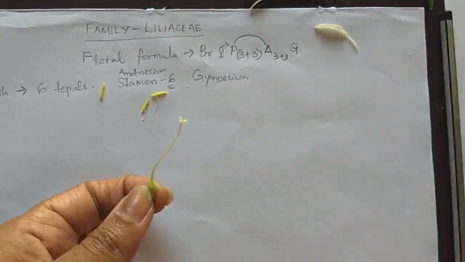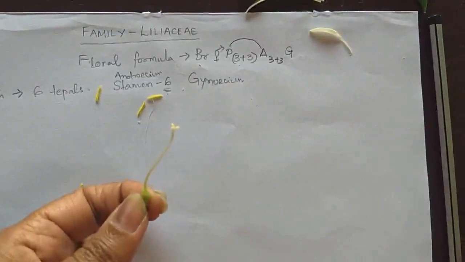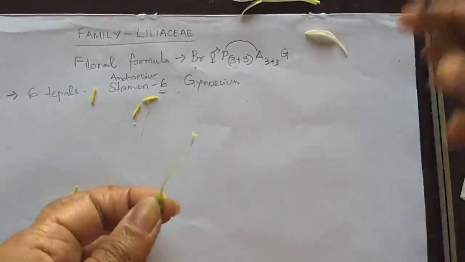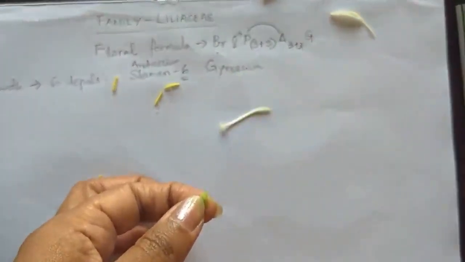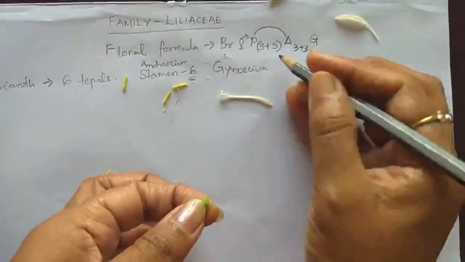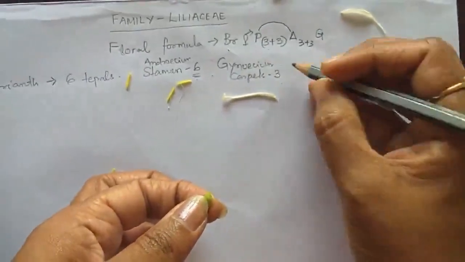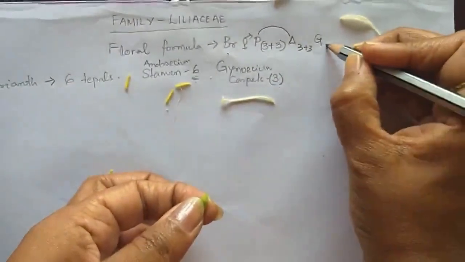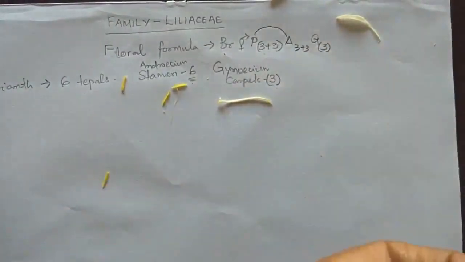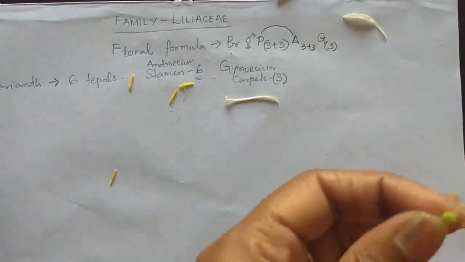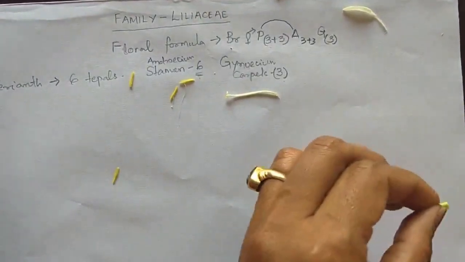Okay, so gynoecium. And let us see the transverse section of the ovary, how we are going to do it. This is syncarpous. Now take a sharp blade and take the transverse section of the ovary.